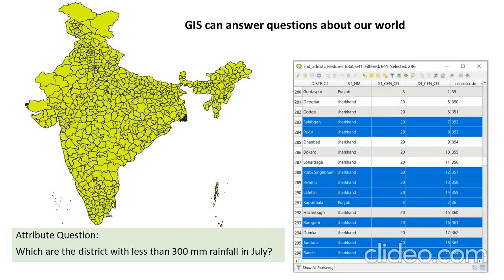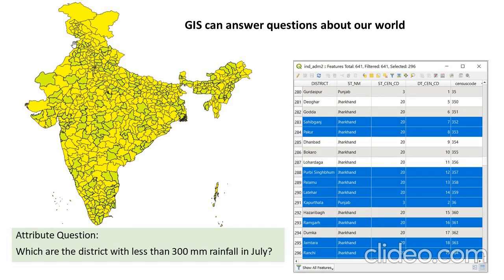This map is linked with the rainfall data of the district, which is stored as an attribute. Because of the linked datasets, mathematical operations can be performed on the attribute data, which is in a tabular format, and the results can be displayed on the map.